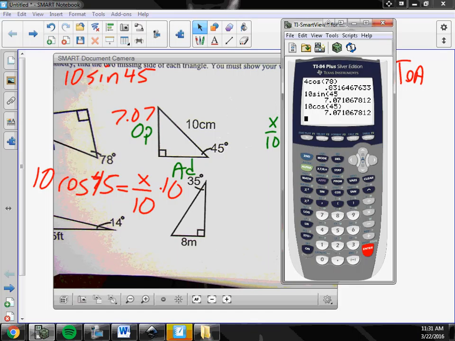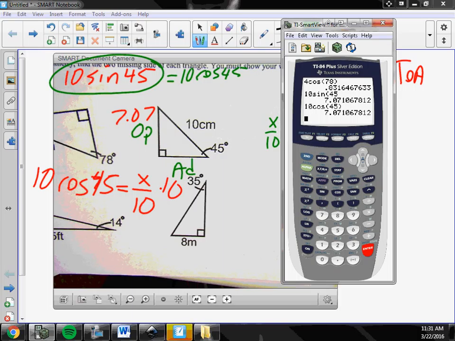Which is interesting. One of them was calculated using 10 sine of 45, and the other was 10 cosine of 45, which means what? The sine of 45 and the cosine of 45 are the same number.